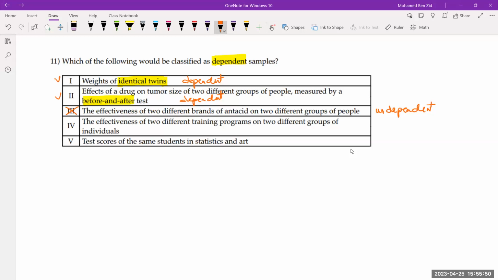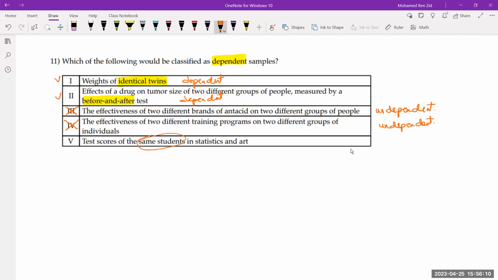All right, the effectiveness of two different training programs on two different groups of individuals. And this is again different and different, they are independent. All right, test scores of the same students.